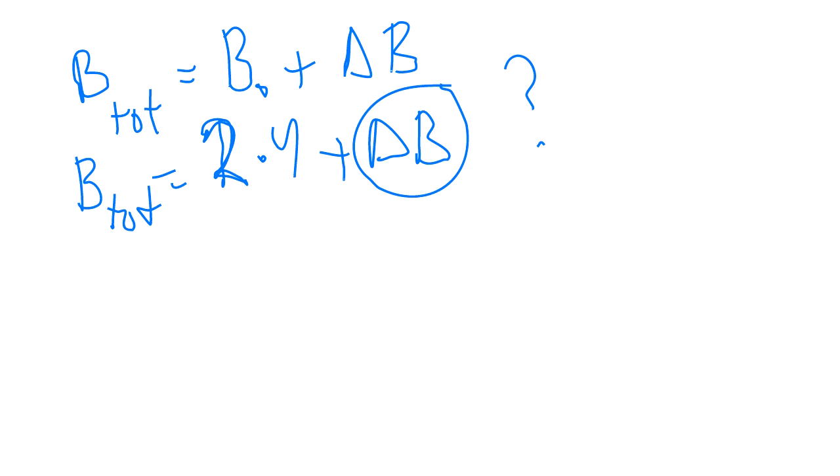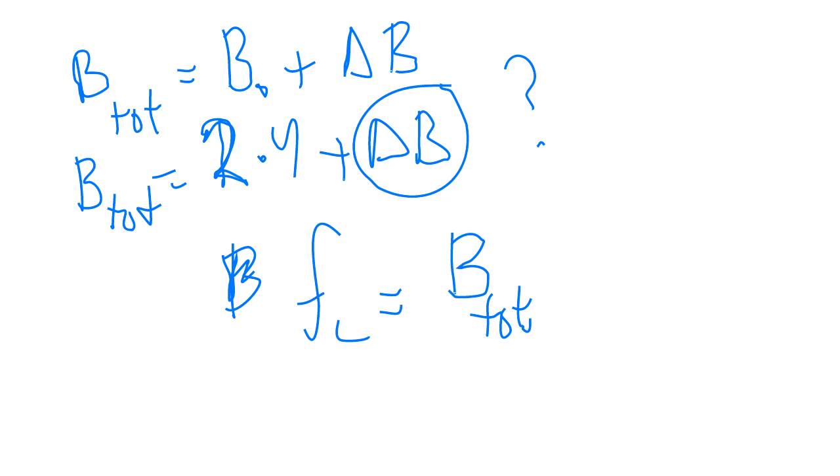We said that the Larmor frequency FL is equal to B total multiplied by gamma. Now I have B total.